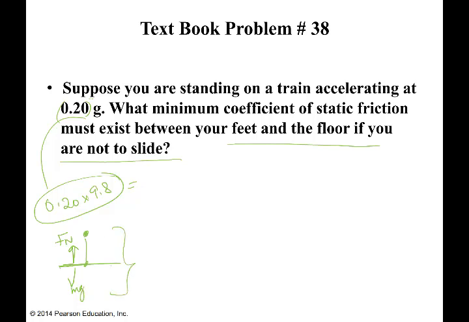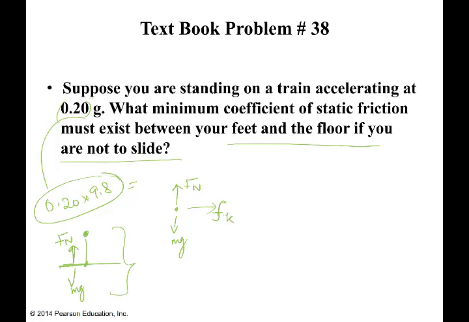So same scenario, and a free body diagram will be simply Fn in the upward direction and mg in the downward direction, but the train is accelerating at 0.20 g, so that acceleration is this way, because that's where the force of friction is between the floor.